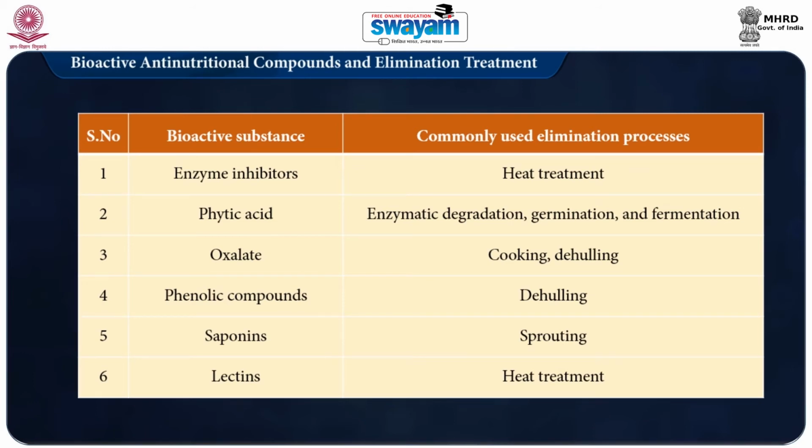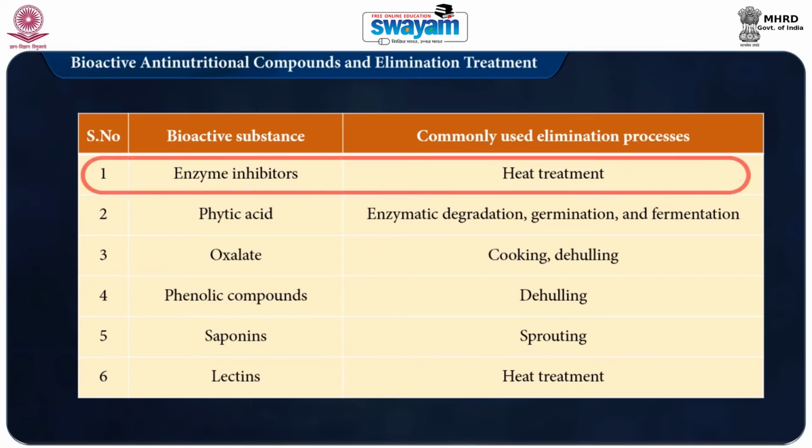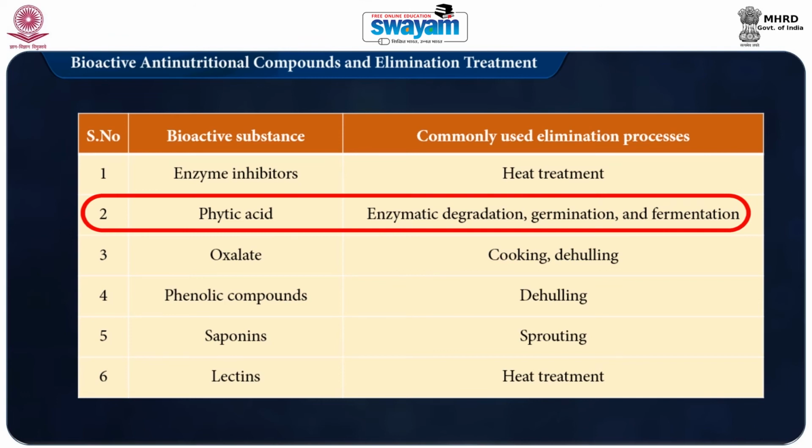If the bioactive substance is enzyme inhibitors, then heat treatment can be used for its elimination as we have discussed earlier. For phytic acid, enzymatic degradation, germination and fermentation can be used for eliminating its anti-nutrient activity.